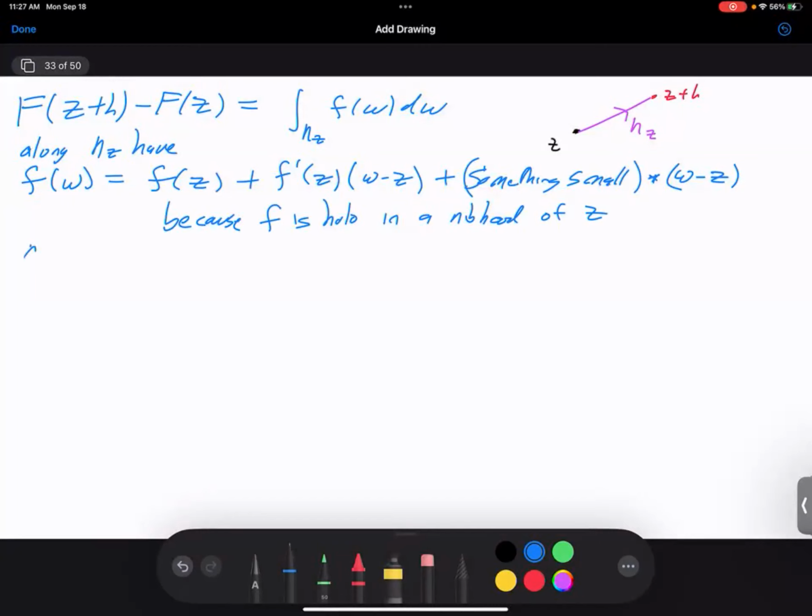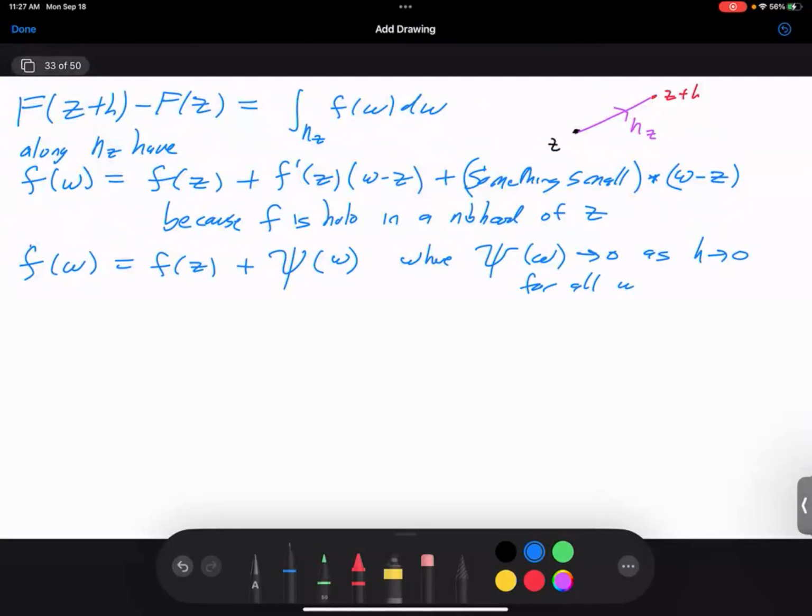It's enough to just do f of w is f of z plus, let's do c of z. No, sorry, let's do c of w, where c of w goes to 0 as h goes to 0, for all w on this curve eta of z.